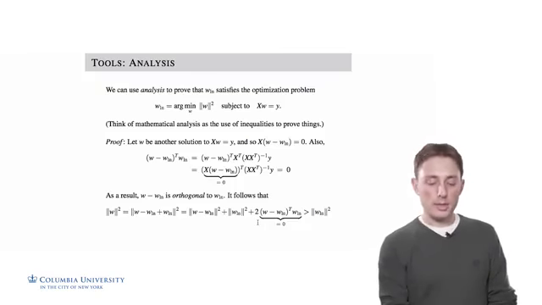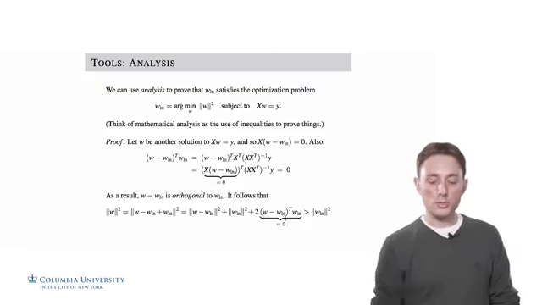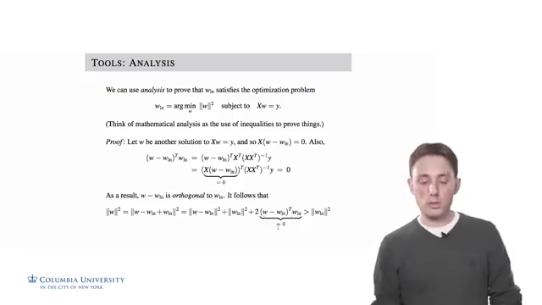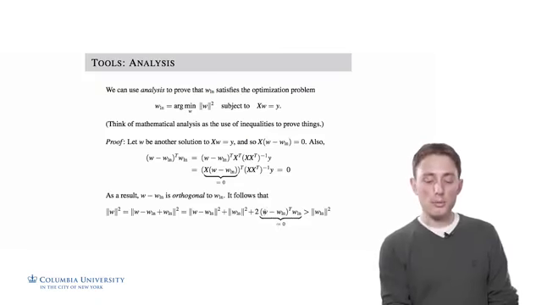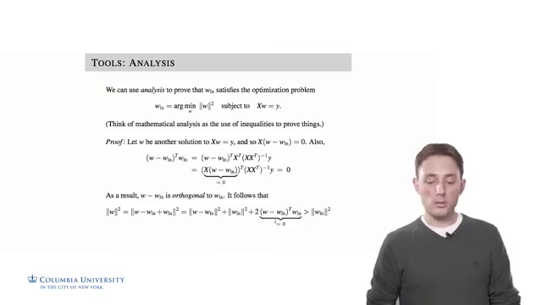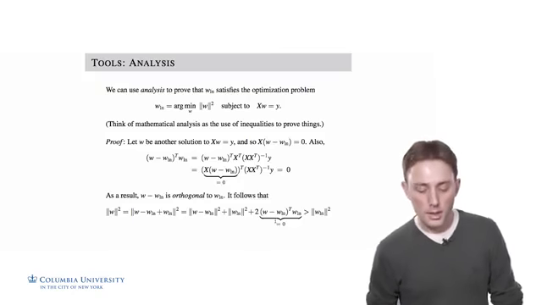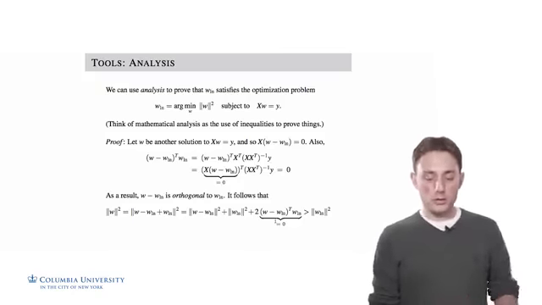However, now notice that by our derivation above, the dot product of the difference between our new solution and the least norm solution with the least norm solution is equal to 0. So we've shown that no matter what solution we pick for w, this dot product is equal to 0. And so what have we shown?